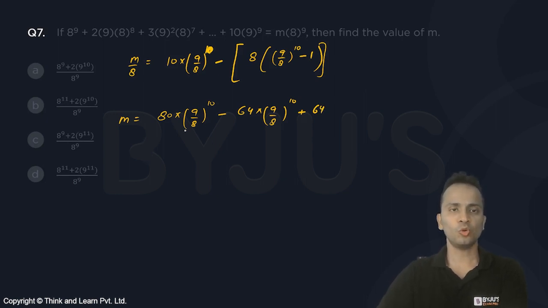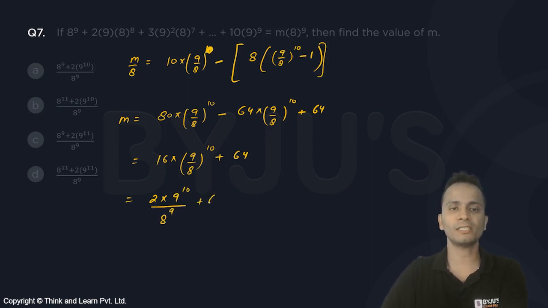All right, so let's resolve it. 80 minus 64 is 16. 16 into (9 by 8) whole raised to the power 10 plus 64, right? So the first term, 8 will get cancelled, so I'll be left with 2 multiplied by 9 raised to the power 10 divided by 8 raised to the power 9, plus 64.